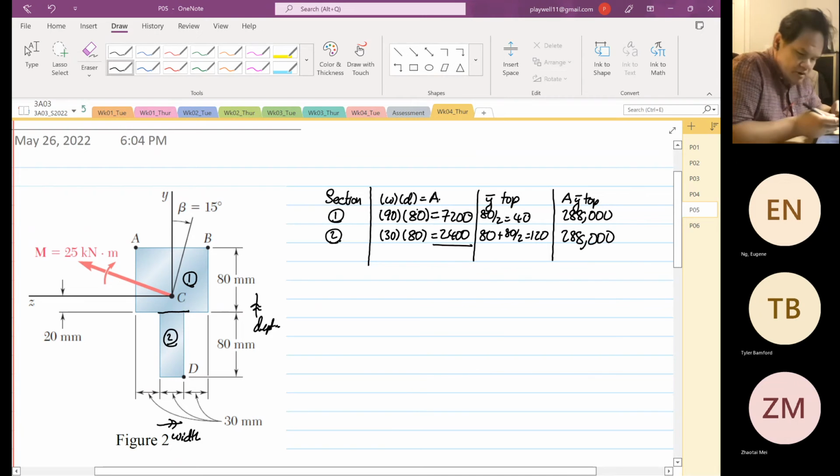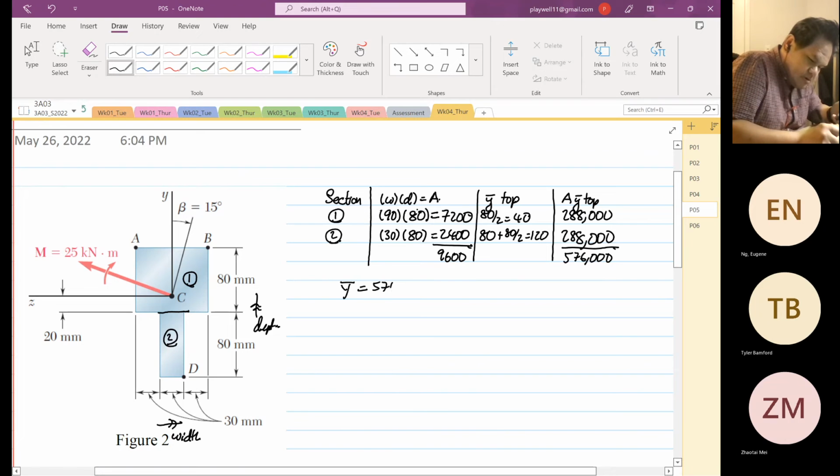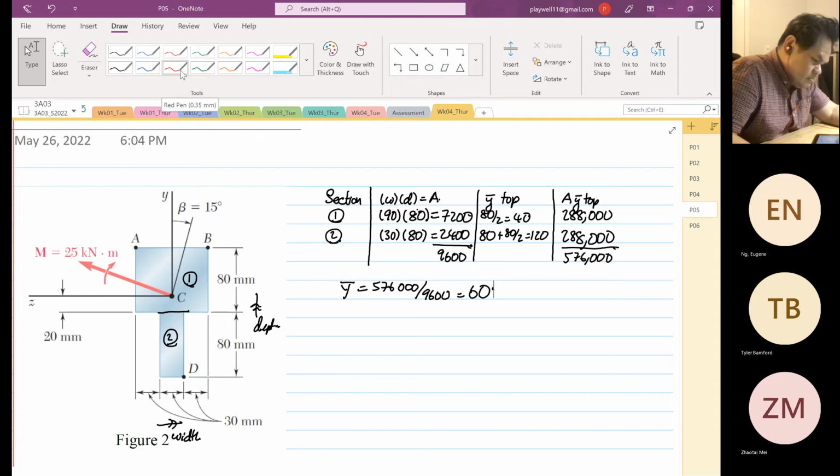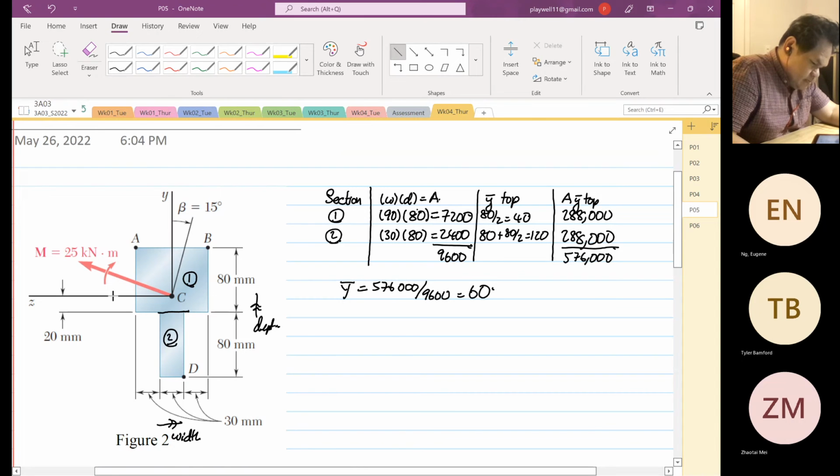So 7200 plus 2400 is equal to 9600. 288,000 times 2 is 576,000. So y bar is equal to 576,000 divided by 9600, which is 60. So we know the centroid is 60 from the top.